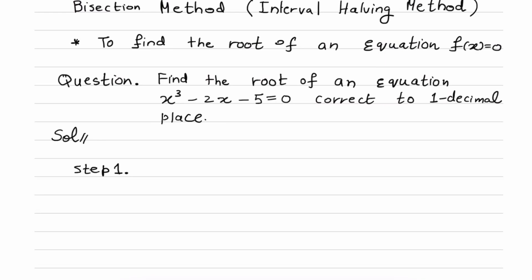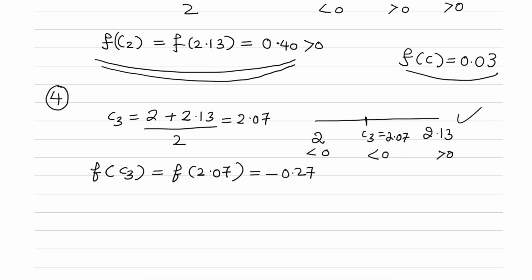Now we will still not stop because at f of C3 we got minus 0 point but not even a single 0. Back to this interval, the next best interval would be now this one, because on both ends of this interval, 2.07 and 2.13, we have the opposite signs.